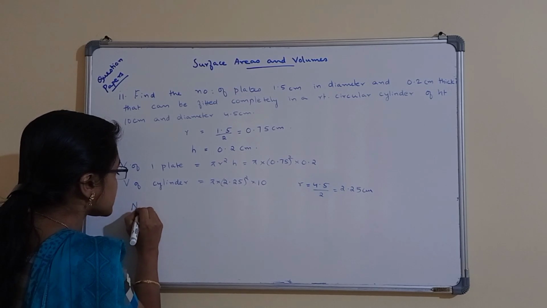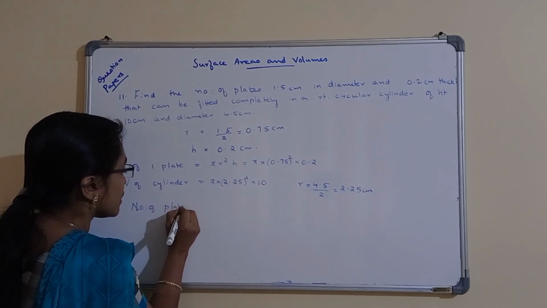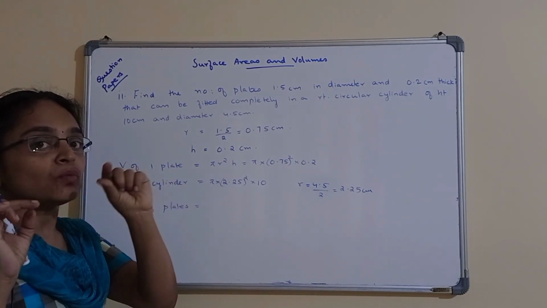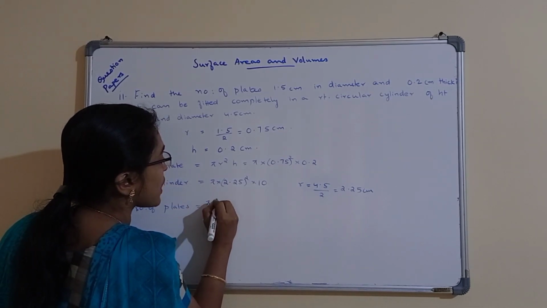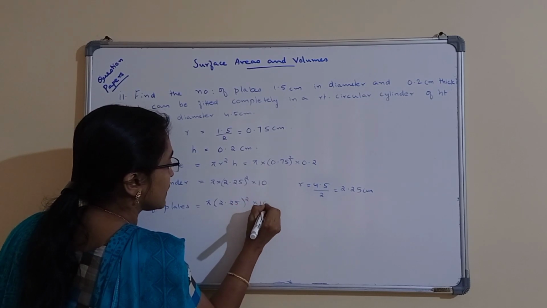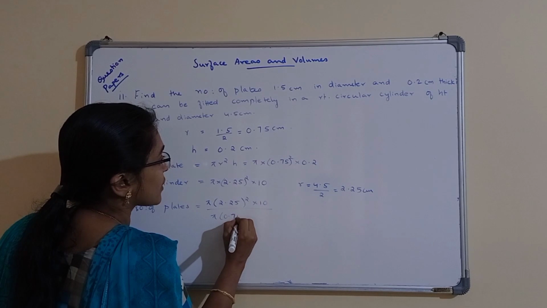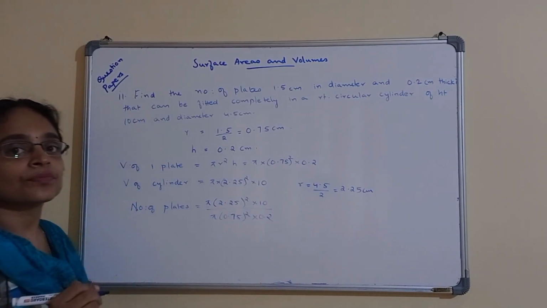So now we have to find the number of plates. Number of plates is equal to volume of the cylinder by volume of one plate, right? So volume of cylinder is pi into 2.25 the whole square into 10 by pi into 0.75 the whole square into 0.2.